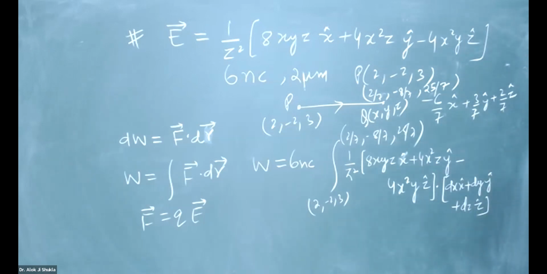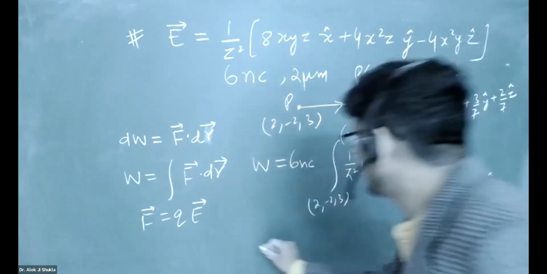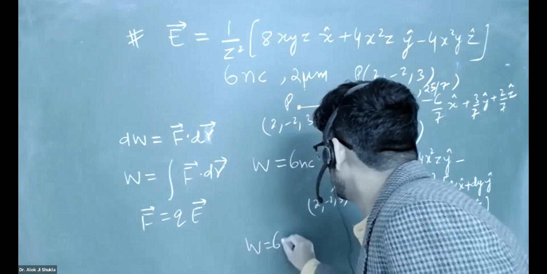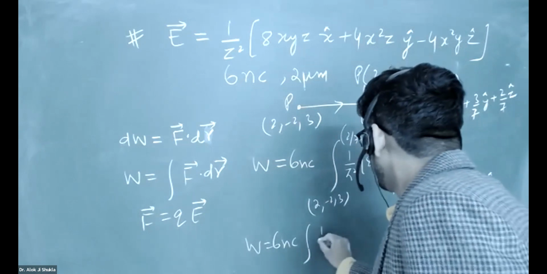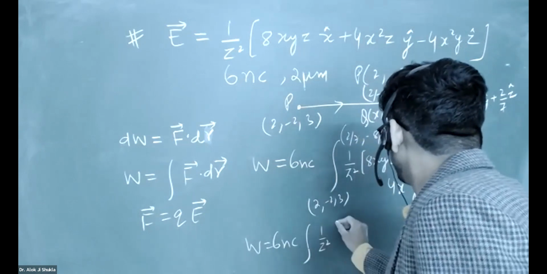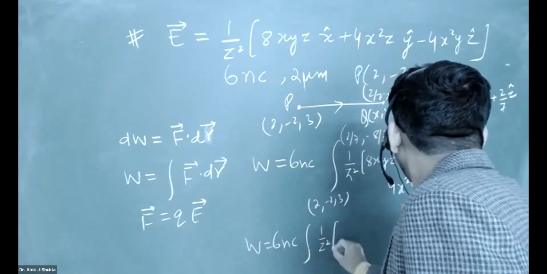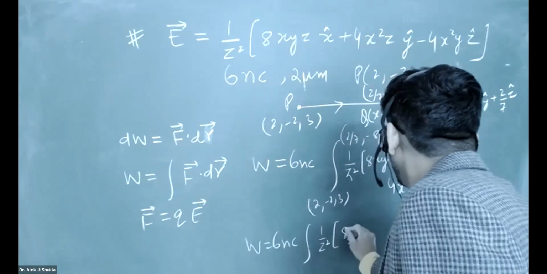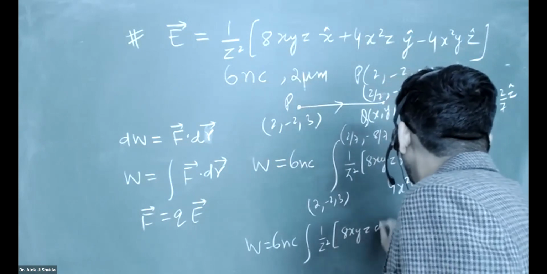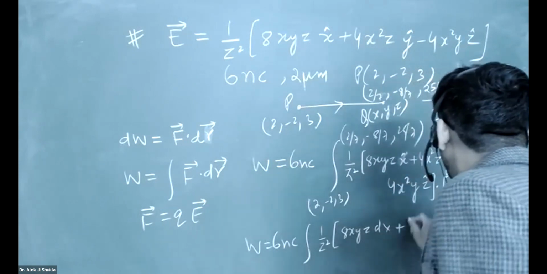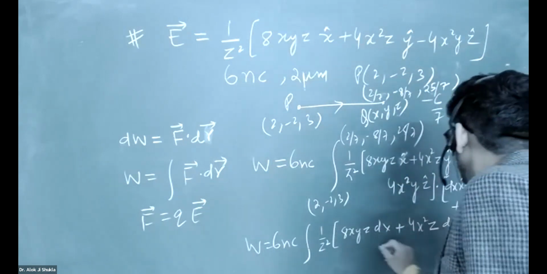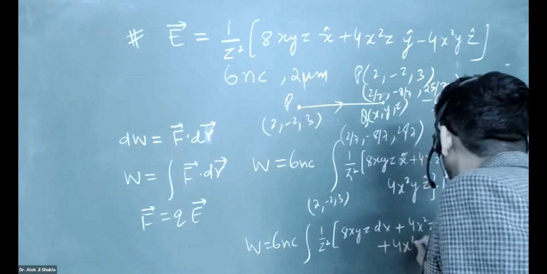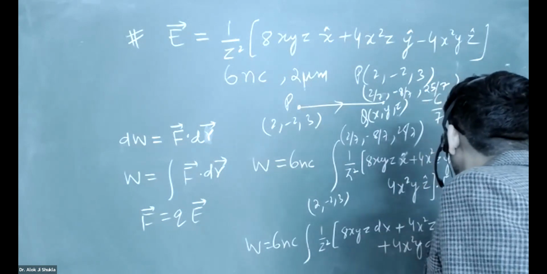तो dr की वैल्यू लिख दी. Now what you will get? अभी मैंने यूनिट्स को अच्छे से नहीं लिखा इसलिए I am writing nanocoulomb also together. This 1 by z square, 8xyz dx plus 4x²z dy plus 4x²y dz.